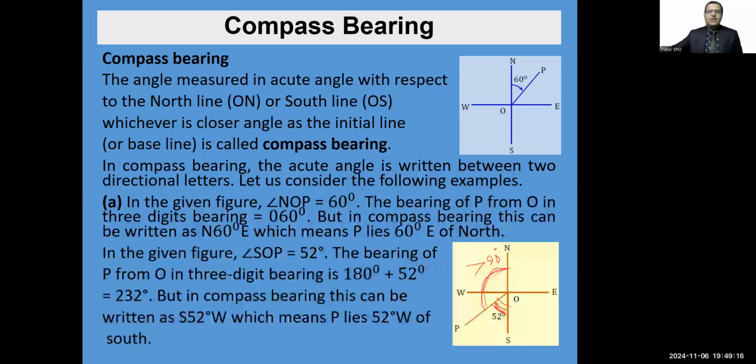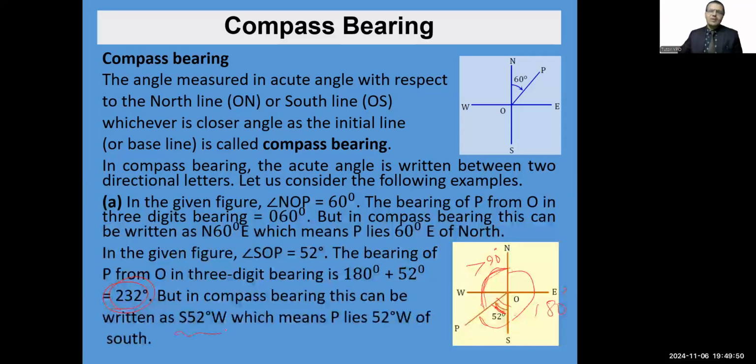So the bearing of P from O in 3-digit bearing will be 180 degrees plus 52 degrees, which gives 232 degrees. This is the 3-digit bearing. But in compass bearing, we have to write it as S 52 degrees W.